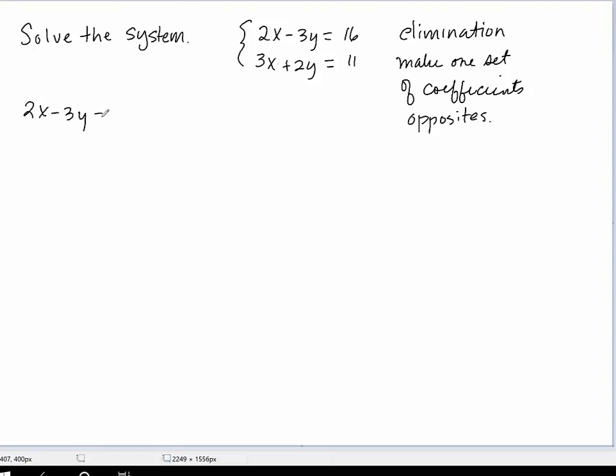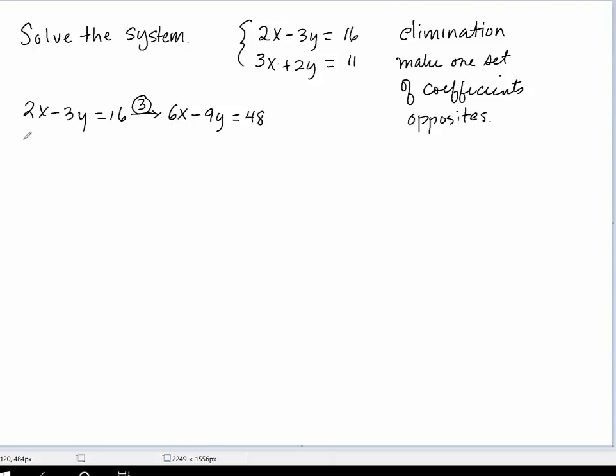I'm going to take the first equation and multiply it by 3. If I do that, I get 6x minus 9y equals 48.